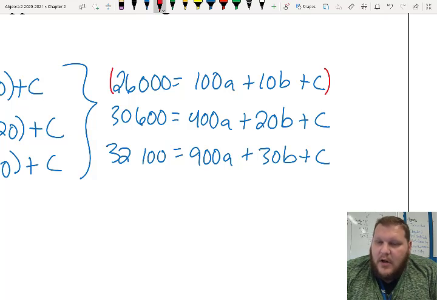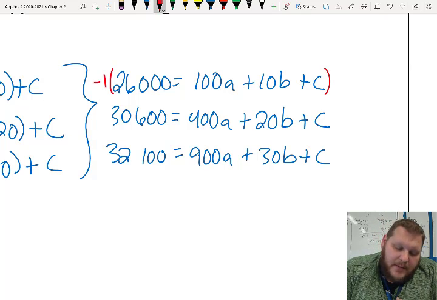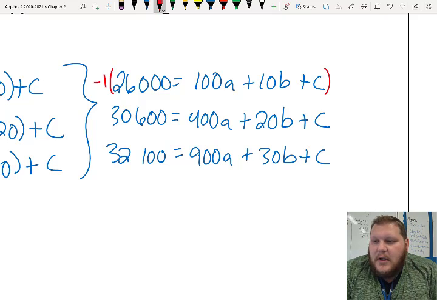Right now they're all positive c, so I'm going to multiply this top equation by negative 1 to get a negative c. So when I add them together, my c's cancel out. That means negative 26,900 equals negative 100a minus 10b minus c is the equation I'm pairing up with the other two.